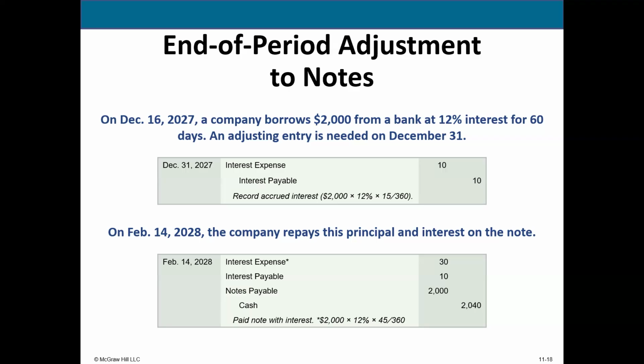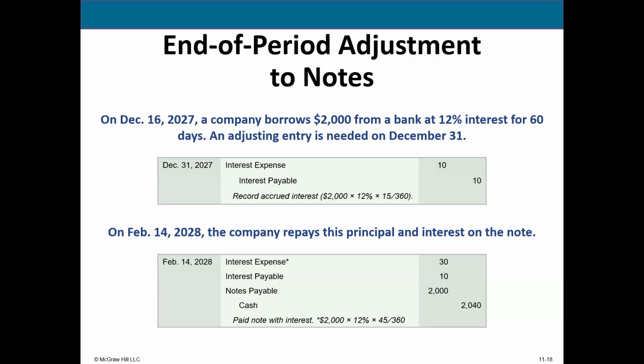Then when the loan matures on February 14, we debit the rest of the interest expense, in this case $30. We debit the interest payable that we accrued in the prior accounting period. We debit the note payable for the face value of the $2,000, and then we credit cash $2,040.